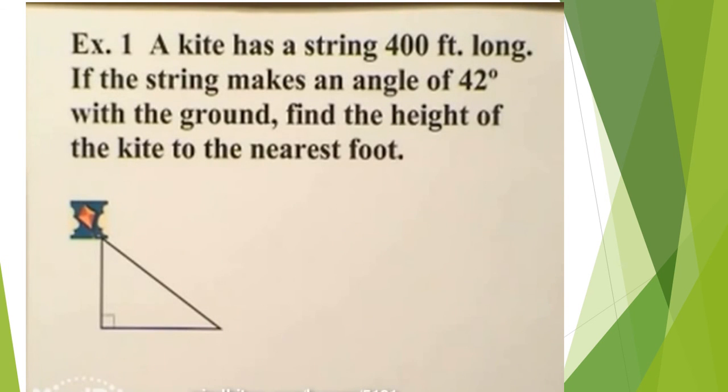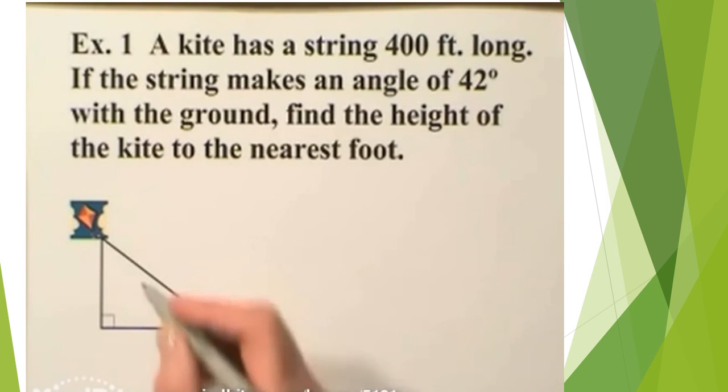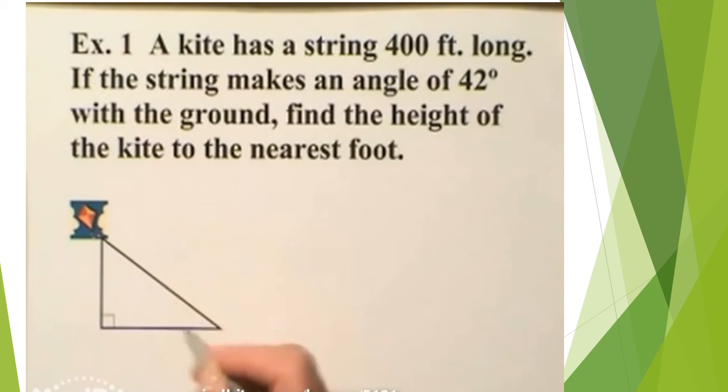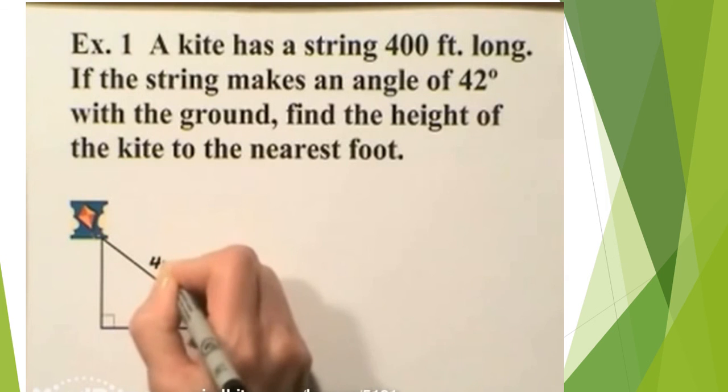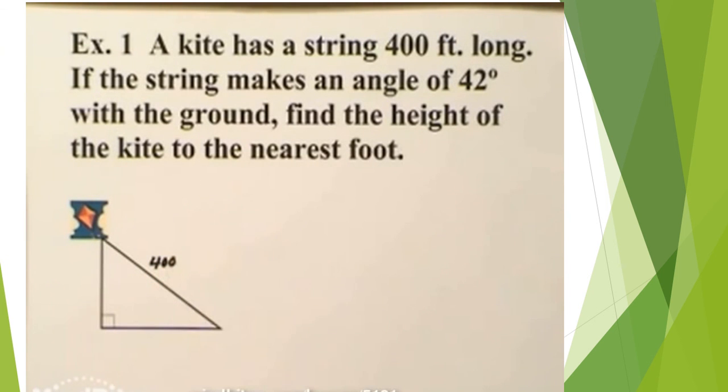Let's look at our first example. A kite has a string 400 feet long. If the string makes an angle of 42 degrees with the ground, find the height of the kite to the nearest foot. So this is the string on the kite. I'm going to write 400 on here.